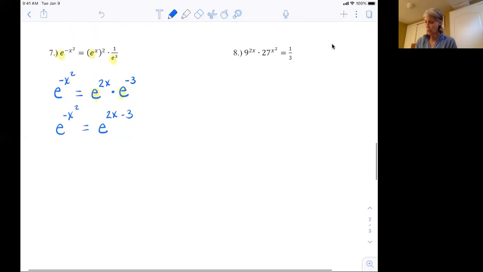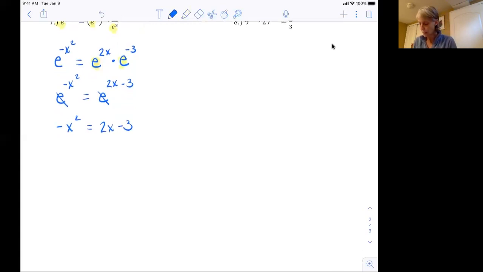So my equation then that I'm going to ultimately solve to get the solutions to the original problem, cancel my like bases, x squared equals 2x minus 3. I have a quadratic, so I want to get everything to one side. I'm just going to move that x squared over. x squared plus 2x minus 3 is going to equal 0.